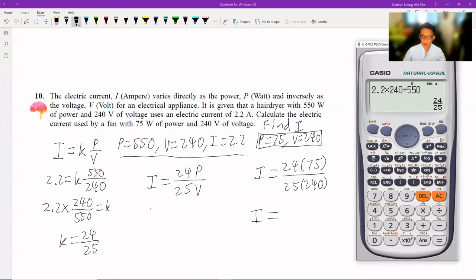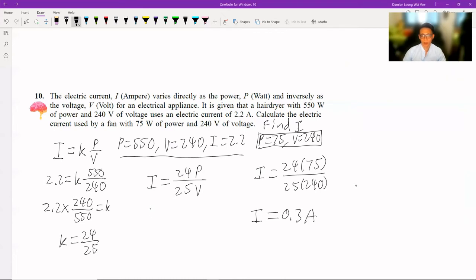If you use this calculator or the EX version, you can put fraction. But if you are using MS version, make sure you bracket the top and bottom. Bracket 24 times 75 divide bracket 25 times 240. That is okay. So you get 0.3 ampere. That will be the current. That is for question 10 here.